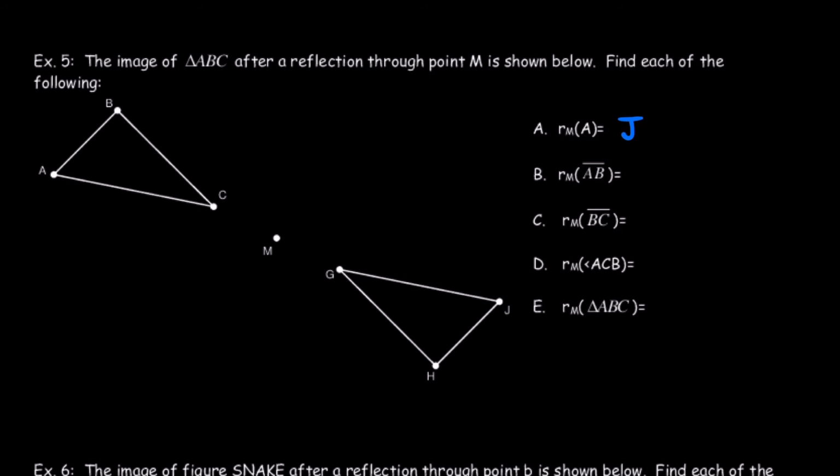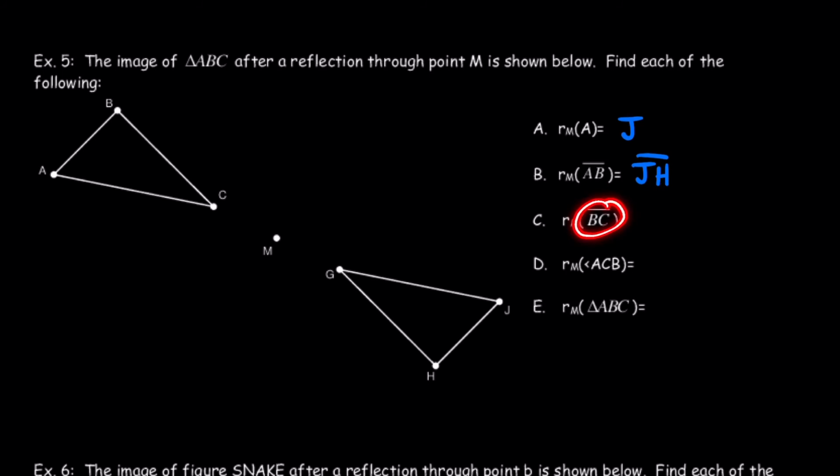Okay, the next one says, I take segment AB. If I reflect it in point M, where does it go? We want to do this in the same order. First I take A. A went to J, so I start with J. B goes to H. So that would be segment JH.